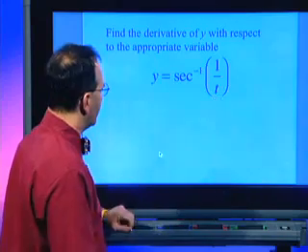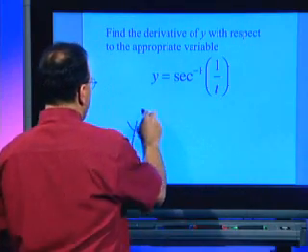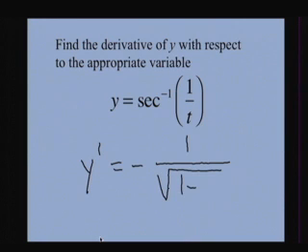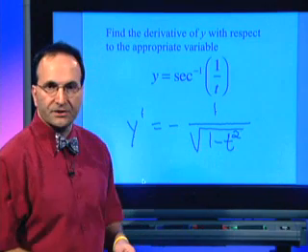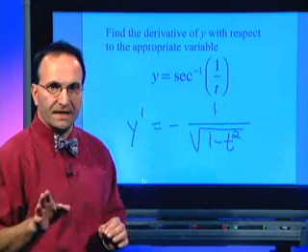Let me clean that up. And we will get the answer that y prime is equal to negative 1 over the square root of 1 minus t squared. And so it simplifies down to a much more reasonable simplification. So that's our y prime using the arc secant.